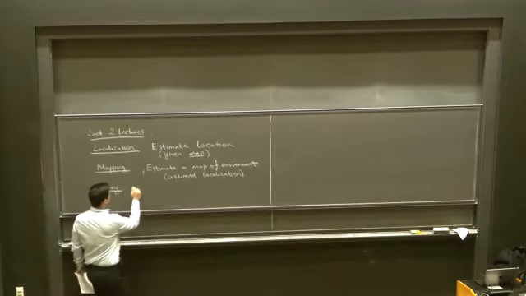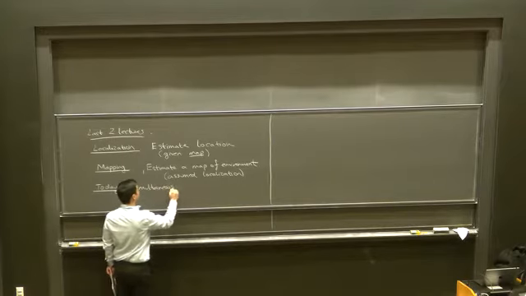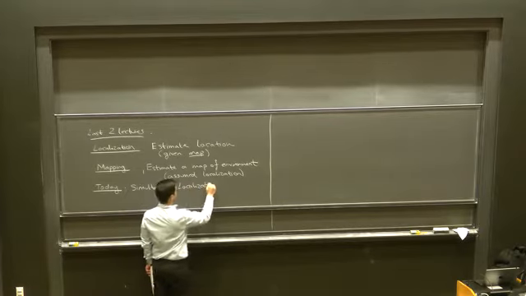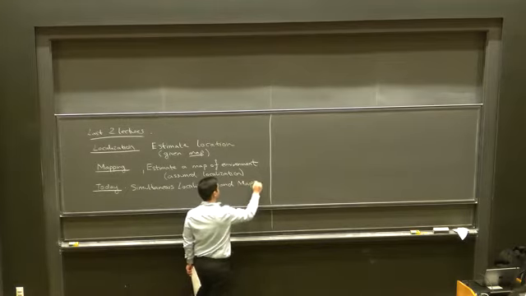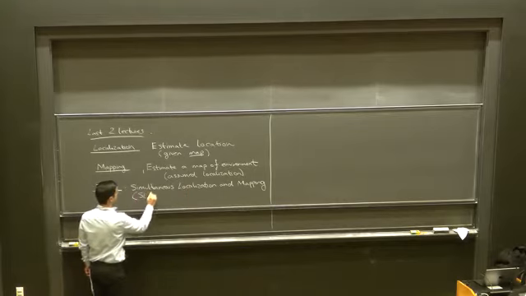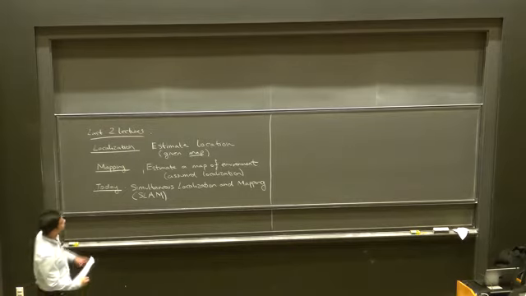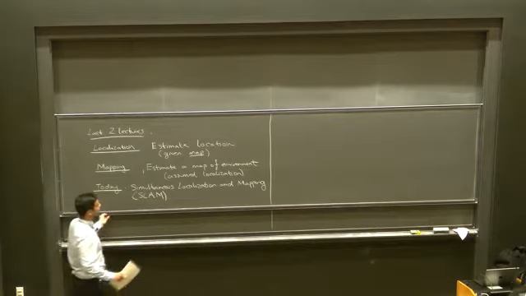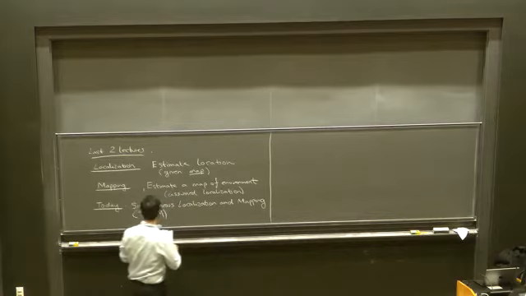This goes by the name of simultaneous localization and mapping, usually abbreviated as SLAM. What we're going to do is put these two components together in a way that we'll get into to jointly estimate.